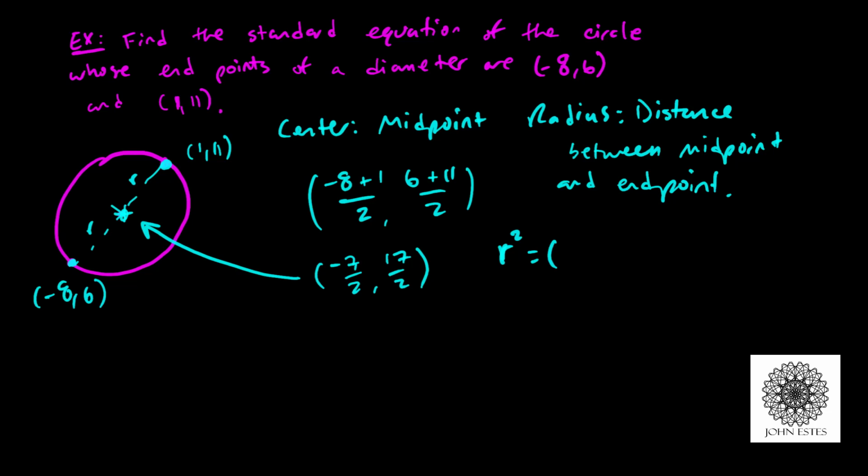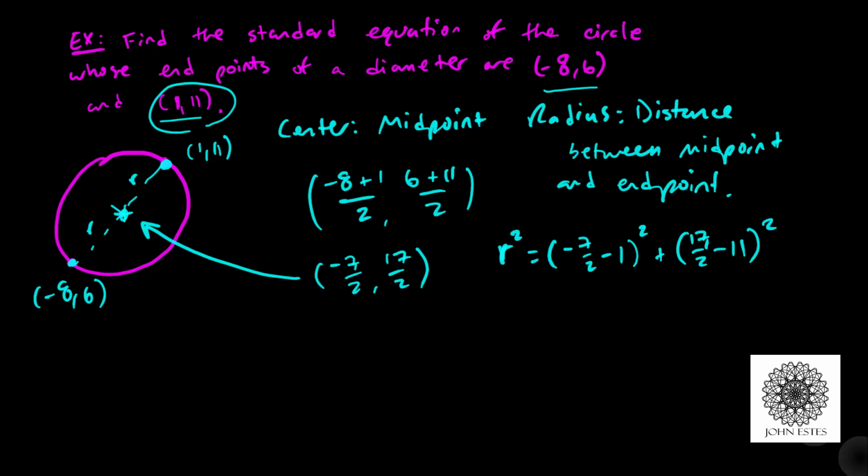I can pick either one of these points, so I'm going to pick (1, 11). I have (-7/2 minus 1) squared plus (17/2 minus 11) squared. Once I figure out that value, I'll have my radius, and thus the equation of my circle.